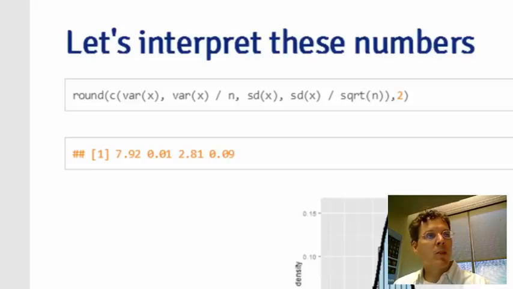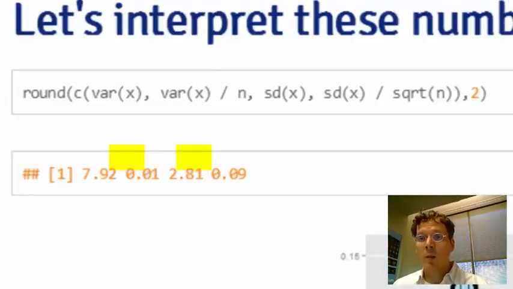So 7.92 and 2.81, the variance of x and the standard deviation of x, are simply talking about the variability in son's heights from this data set, which are estimates of the population variability of son's heights, if you're willing to assume that these sons are a random sample from some meaningful population. I like 2.81 in this case over 7.92 because 7.92 is expressed in inches squared and 2.81 is expressed in inches, so I like to work in the units rather than the units squared.